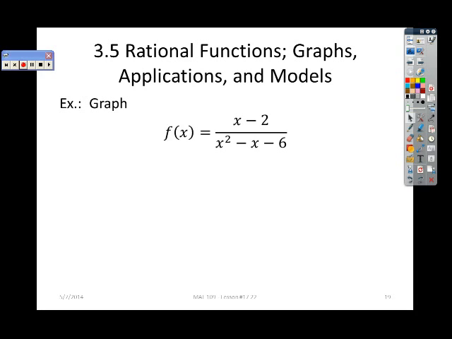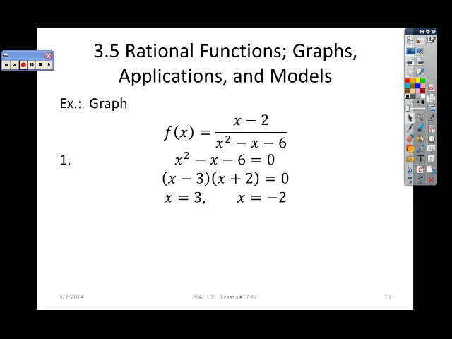What about the vertical? Do we have any vertical? How do we tell? That finds the y-intercept. I'm looking for vertical asymptotes. Set the denominator equal to 0. That's normally what I do first. Set the denominator equal to 0 and solve, and you get these two numbers.